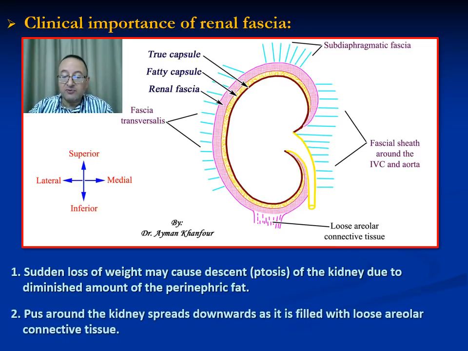The second item we have just mentioned. If we have a collection of pus around the kidney, which is called the perinephric abscess, the site of propagation of pus is downwards. Why? Because this part is covered by loose areolar connective tissue.